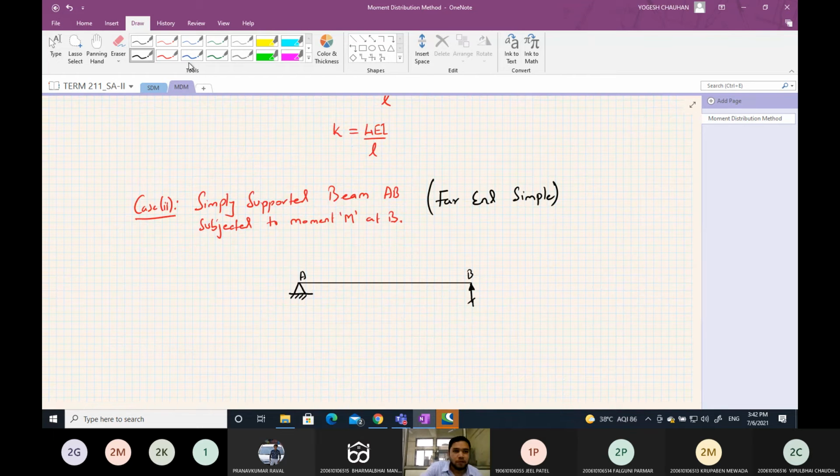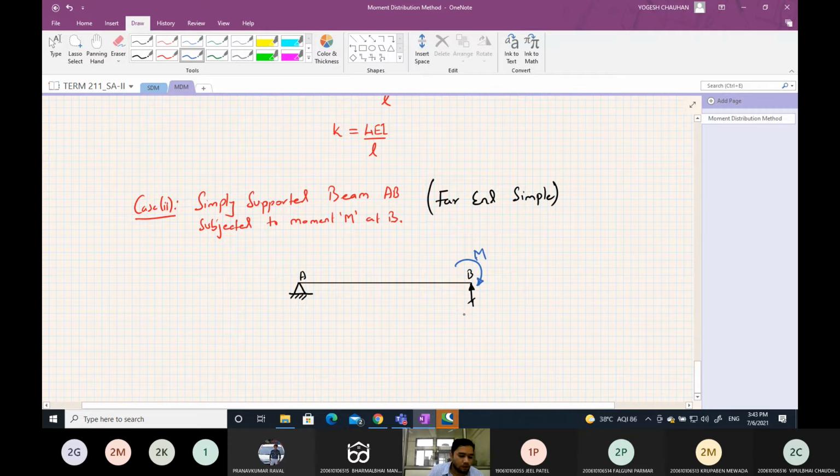Now let us apply a moment M at B, same as earlier. Now when this moment M is applied, this moment tries to rotate the beam in clockwise direction, so the reactions will be in anti-clockwise direction.